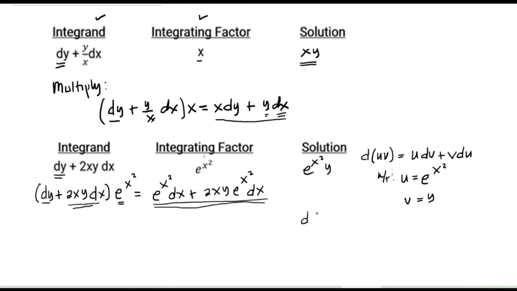Then the differential of e raised to x squared y is equivalent to our u, which is e raised to x squared. Then the dv is the differential of y, which is equivalent to dy, plus our v is y, and the differential of u is e raised to x squared, and derivative for x squared is 2x.